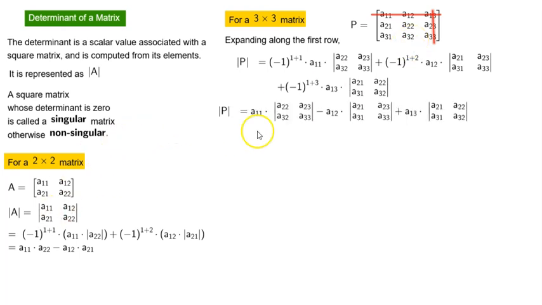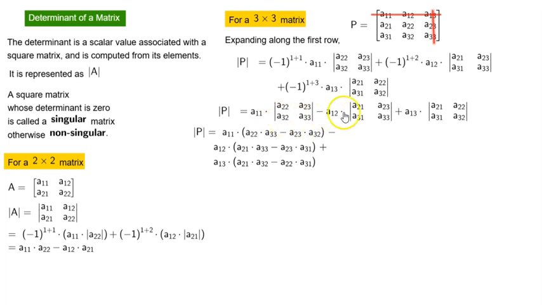Now it's just a question of simplifying it. So minus 1 to the square is plus, this is odd power, minus, this is even power, plus. And we know how to evaluate the determinant of a 2 by 2 matrix. So A11 times A22 A33 minus A23 A32, minus A12 times A21 A33 minus A23 A31, and so on.